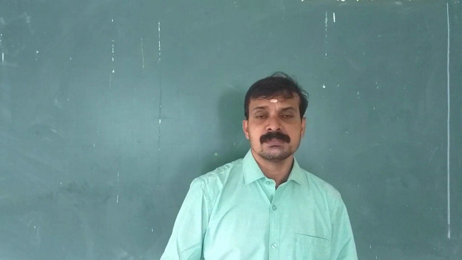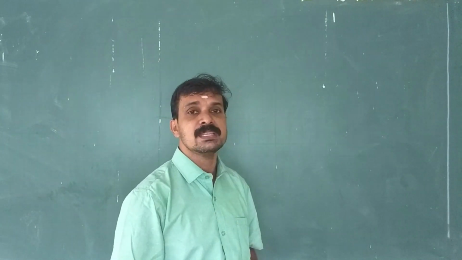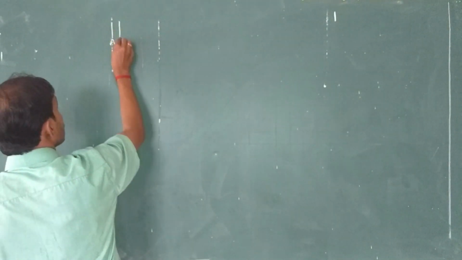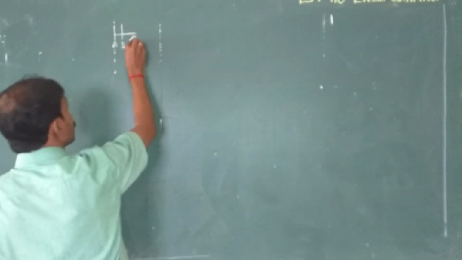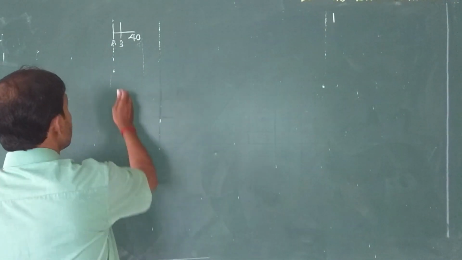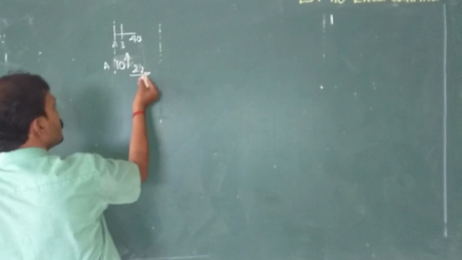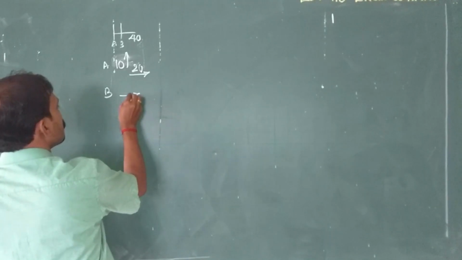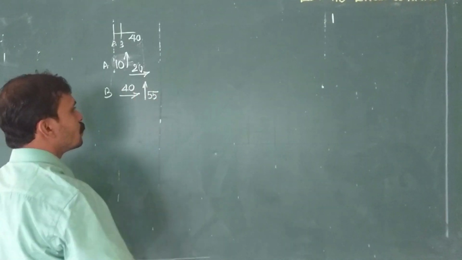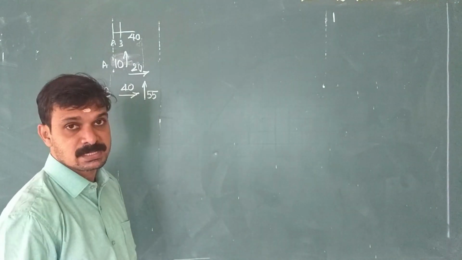So the distance between the projectors of A and B is given as 40 mm.